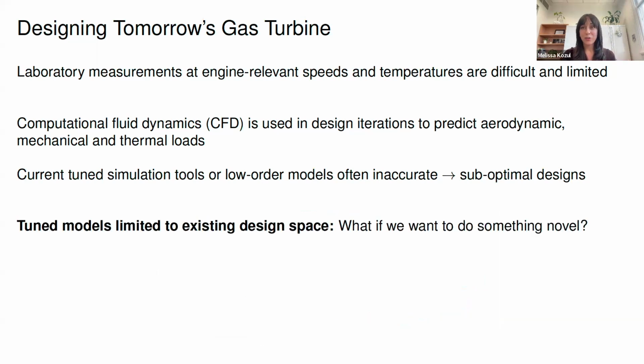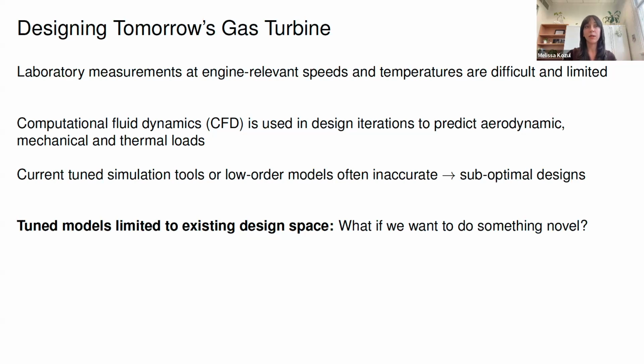The other problem with those models, they are obviously used by industry, so they are useful. What happens is that practically the companies developing this technology will tune those models to predict the flow correctly for their class of blade. But the problem is if we want to move out of that design space, then the models will fail. So they are not going to be a priori matching or giving anything real, if you like.